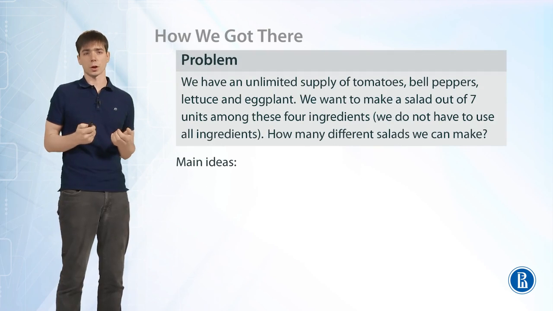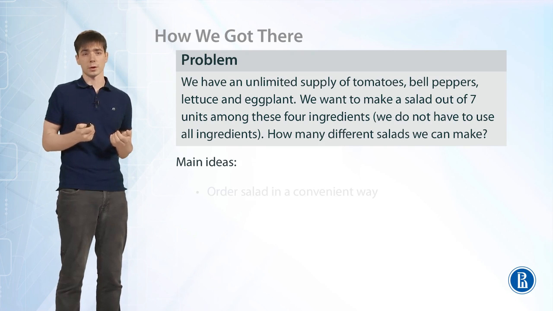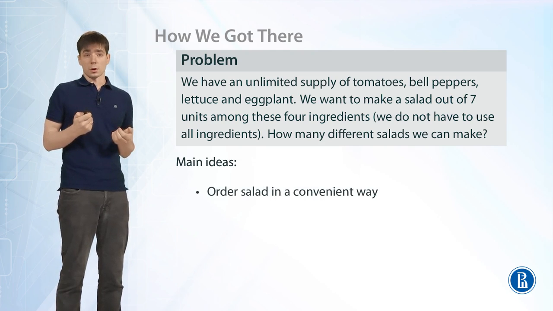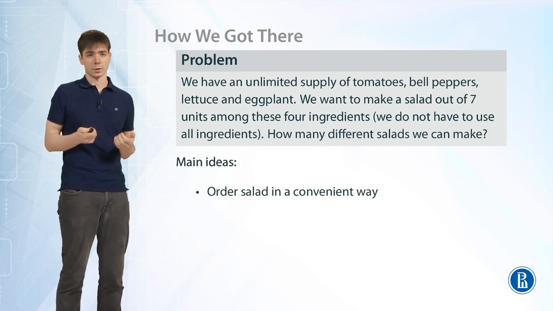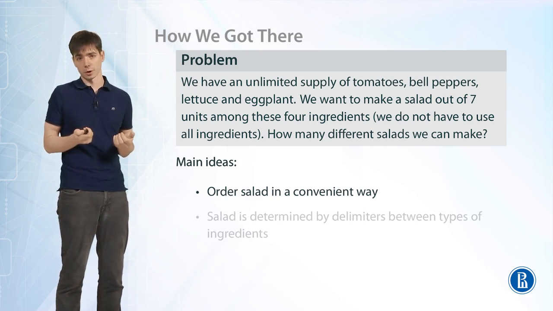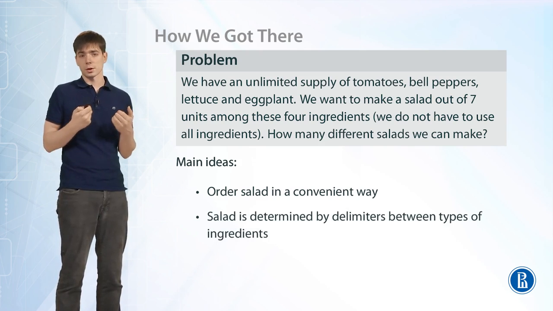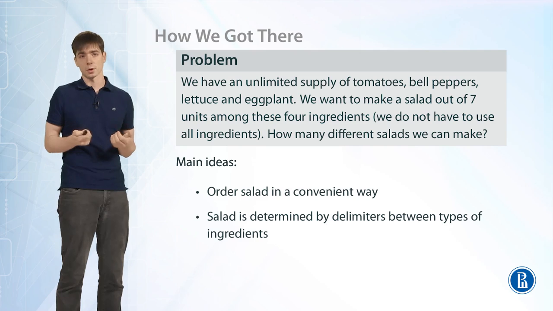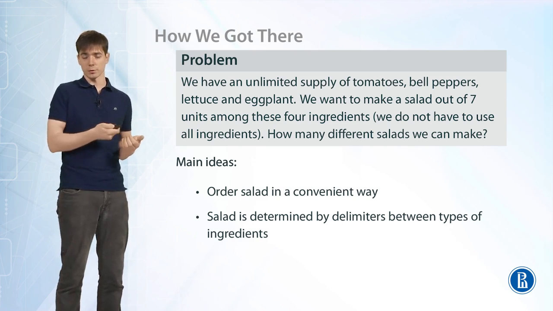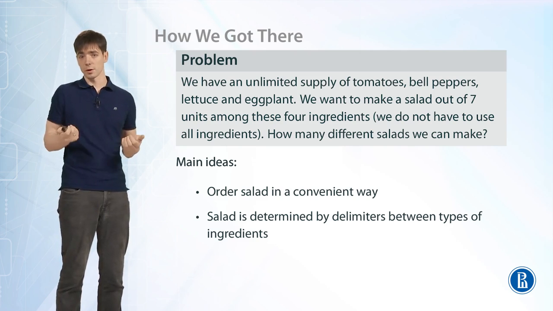Okay, let's review how we got there. Here is the original problem, and let's review our main ideas. First, order the salad in a convenient way. Order doesn't matter, so we can order the ingredients in the way we like. So that turned out to be very useful. Next, the salad can be determined by delimiters between types of ingredients. So we introduce delimiters, and once we introduce them, we do not have to provide any more information.